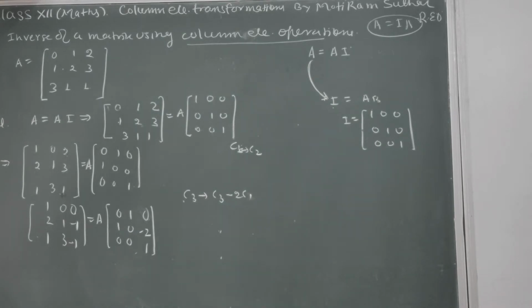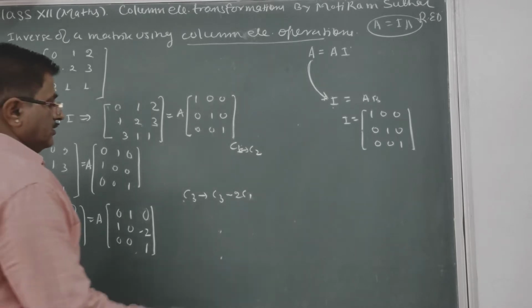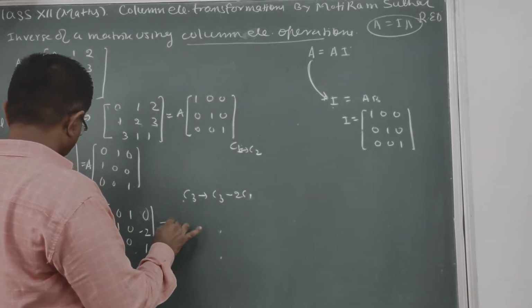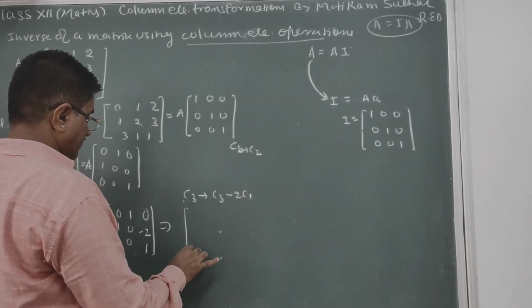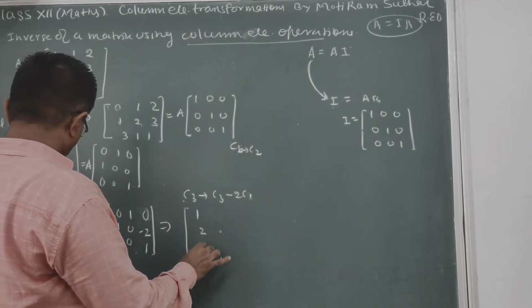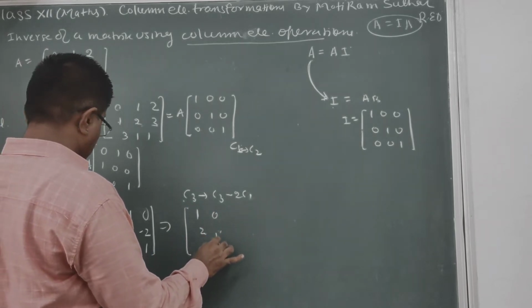Now the next operation we can write is C3 as C3 plus C2, so that this becomes 0. Here we want to bring 0, so we add these two. This is the first column 1 2 1, second 0 1 3.